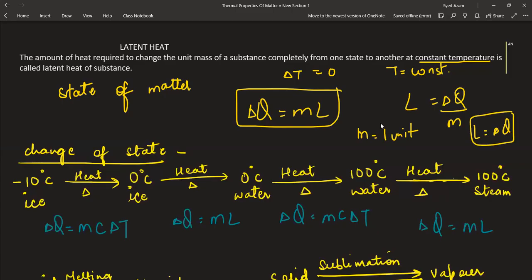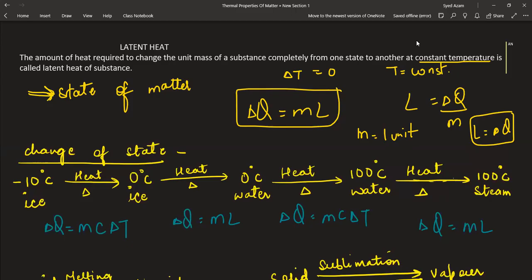So latent heat is the amount of heat required to change the state of matter from one state to another, for a unit of substance. The general formula is delta Q is equal to ml.